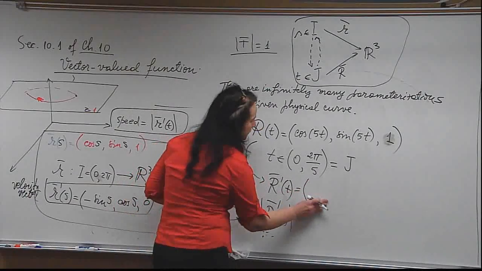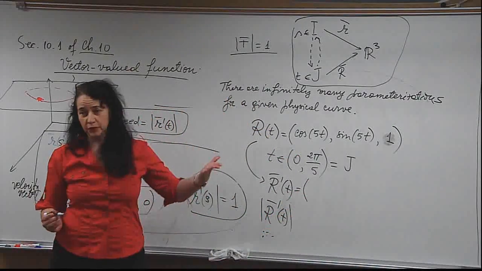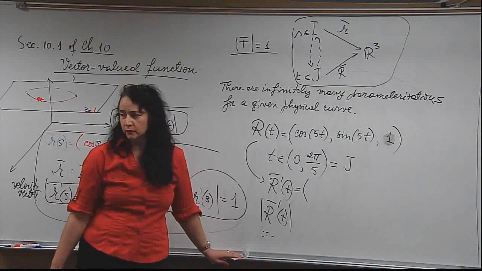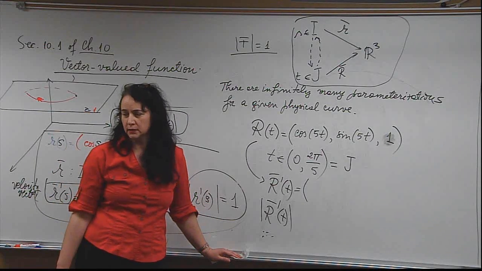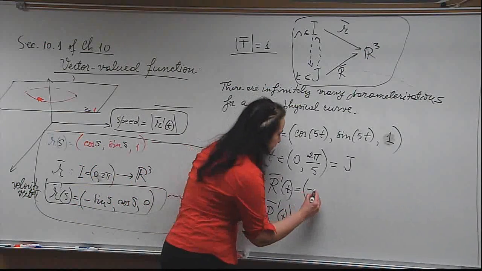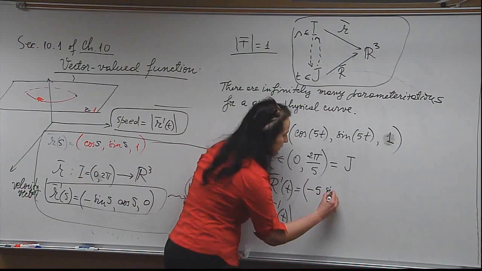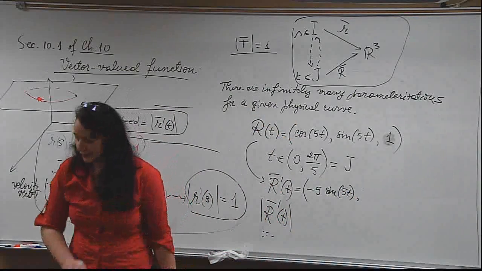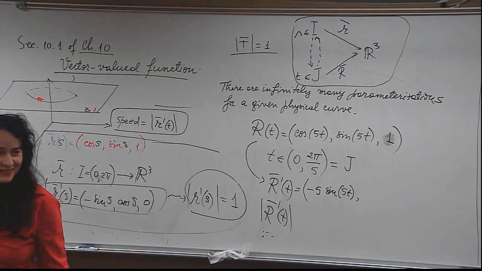I have to differentiate component-wise. Who starts that? Minus 5 sine of 5t, very good. What have we applied? In case you don't know that, that was Calc 1, chain rule.